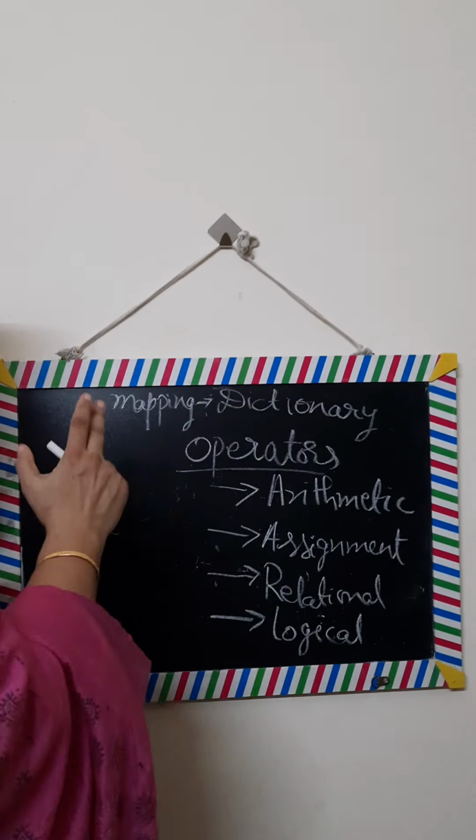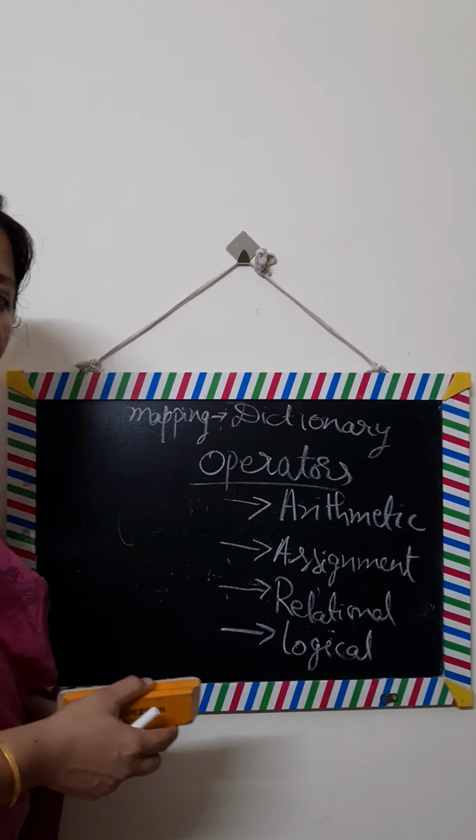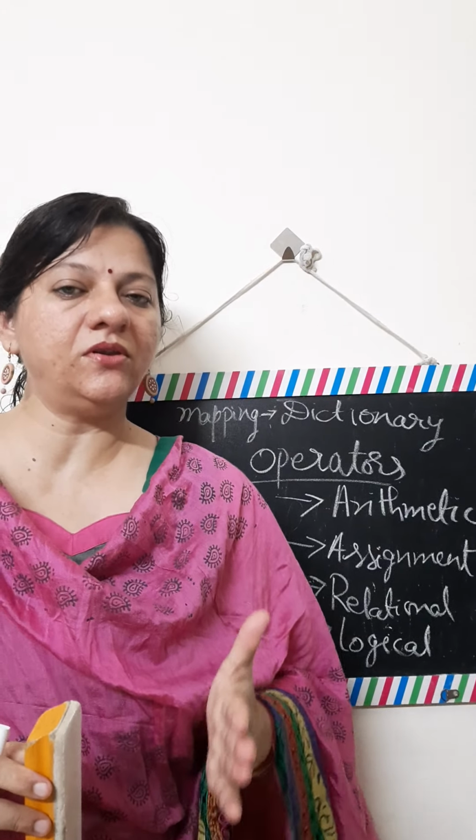In dictionary, how is the mapping done, and what is the use of having a dictionary? First and foremost, whenever we are talking about tuple or list, we are actually talking about homogeneous kind of data.